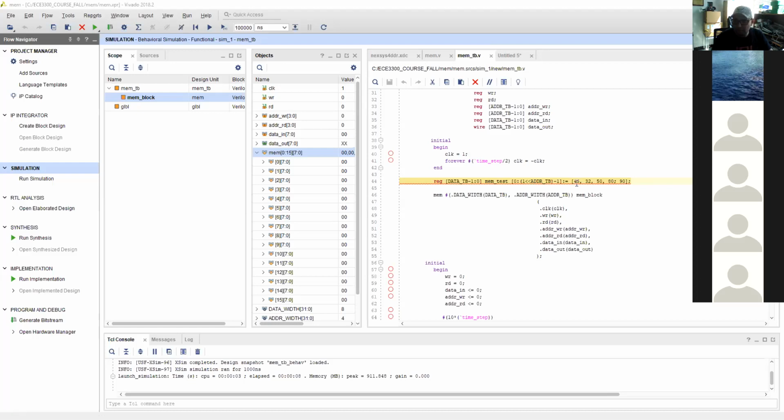It should be fine. Maybe I have to make it, what is the size? 8H45. 8H20. 8H12.